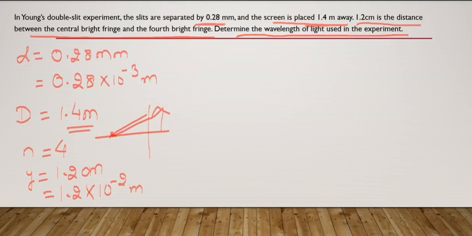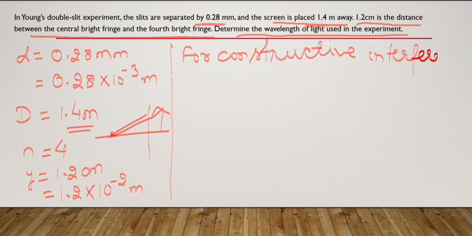So wavelength, students, we know the formula for constructive interference: y is equal to n lambda capital D by small d.